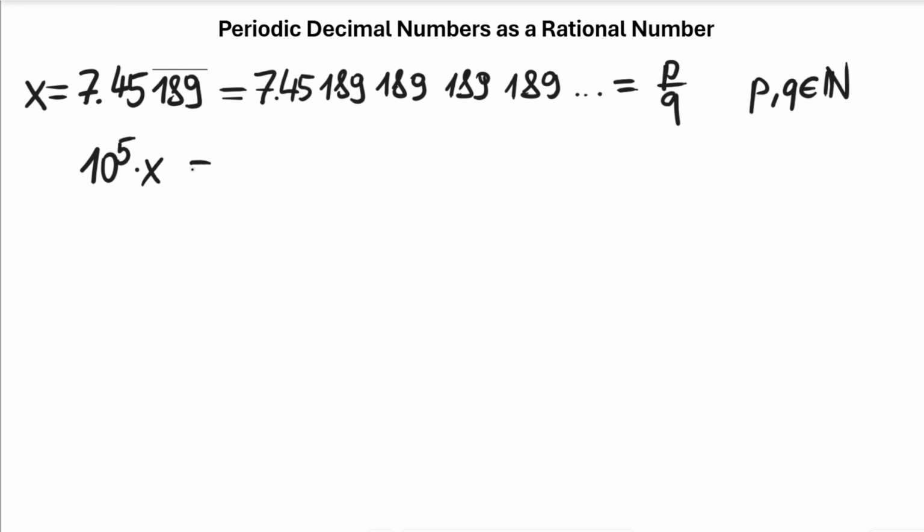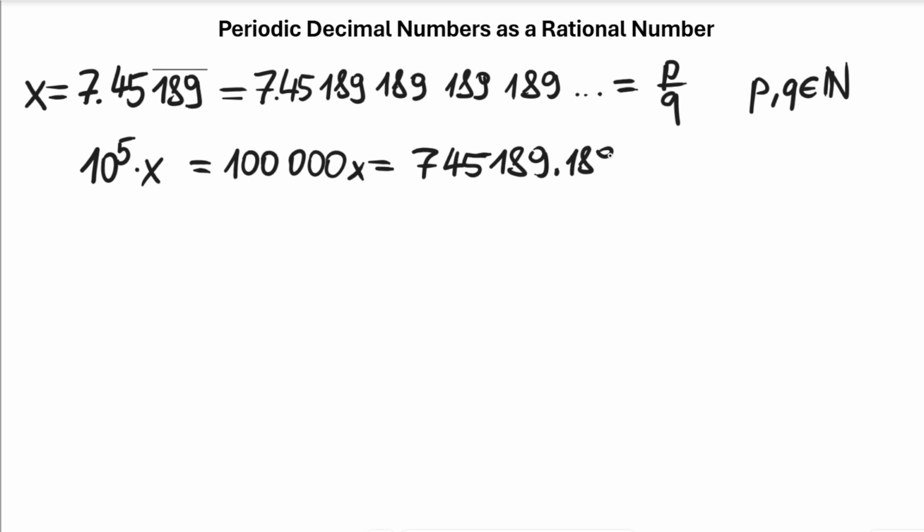Why? Because this is 100,000x, where the digits move after the repeated digits, but for sure they go on, so they never stop.